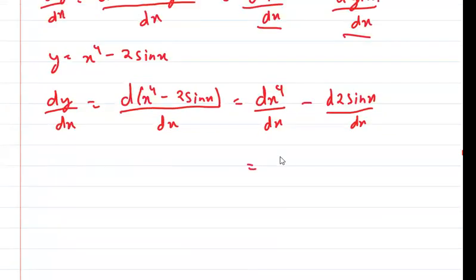Which further can be written as, now this is what? This is 4x cube minus, this is 2, बाहर आ जाएगा, sin x का differentiation is cos x. So this is the answer. Yes or no? हाँ या ना? Clear हुआ ये सबको? Everyone got this concept?